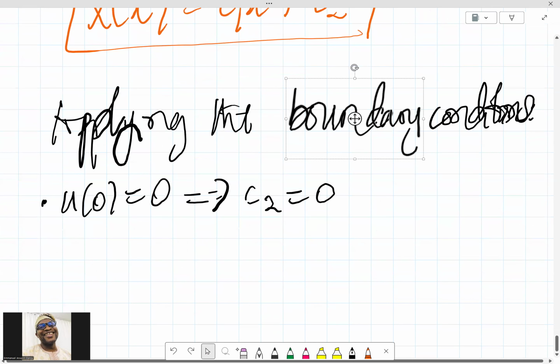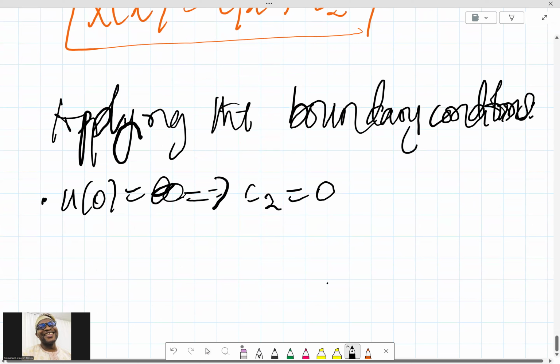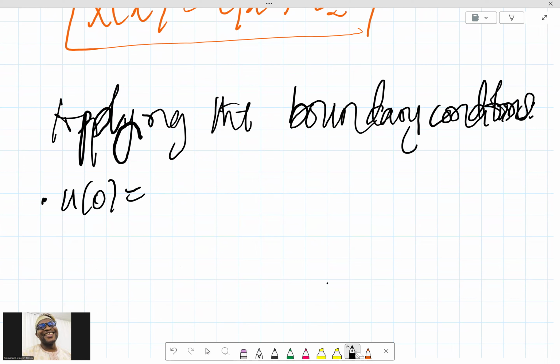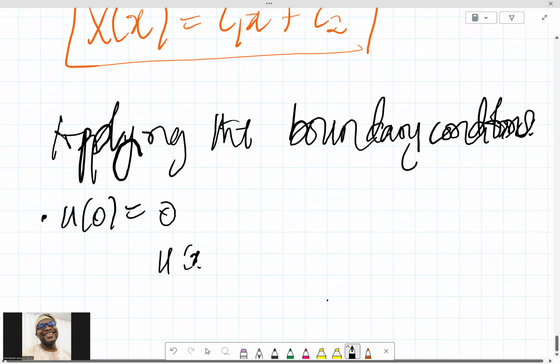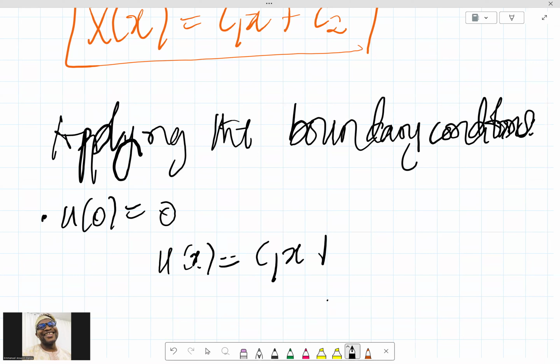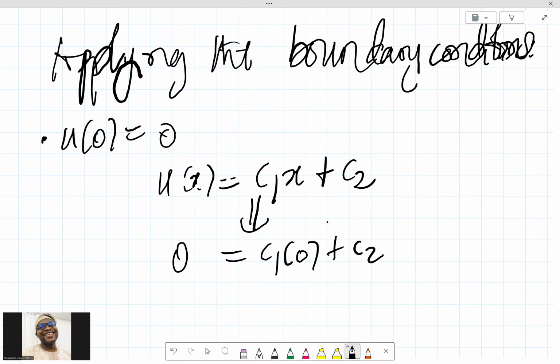Let me be explicit about that. We have u of x equals c1 x plus c2, which implies 0 is equal to c1 times 0 plus c2. So c2 is simply 0.